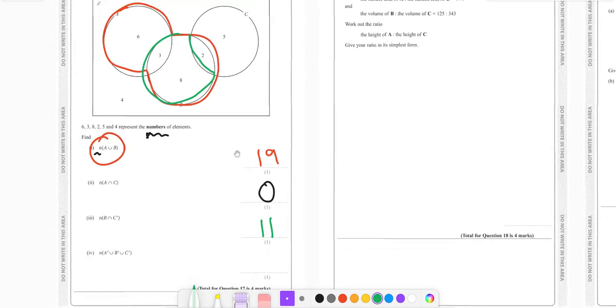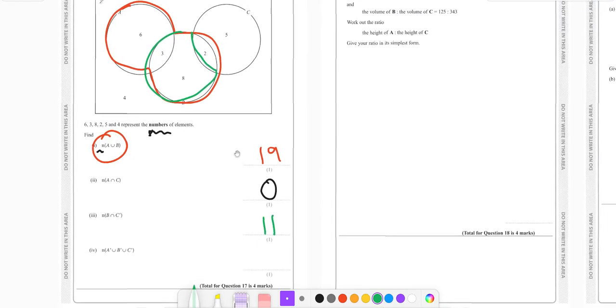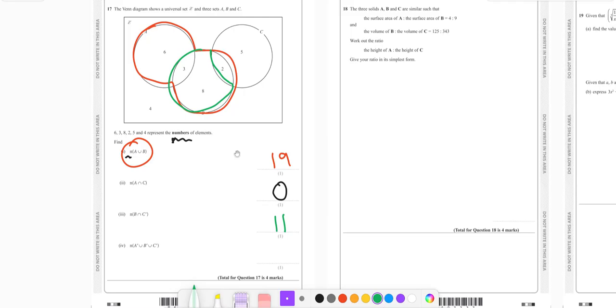And then the last one, the union. So outside A dashed, outside B dashed. So outside A dashed is this 6. Outside A dashed are these.